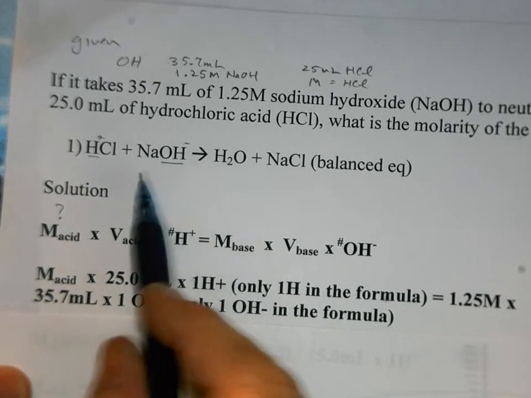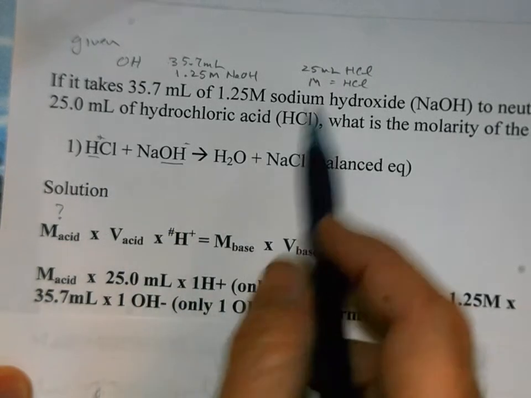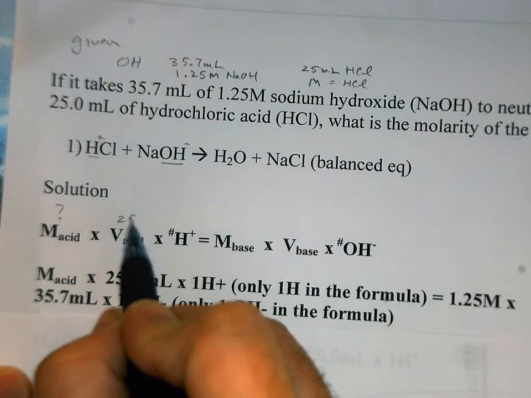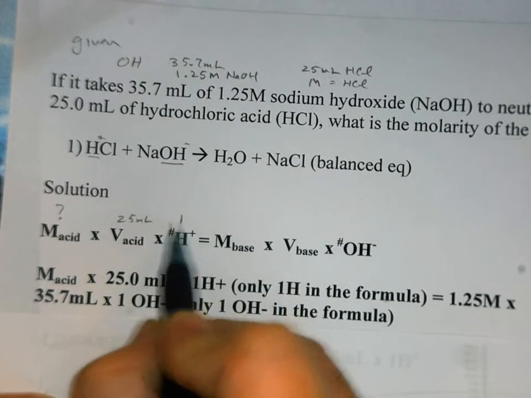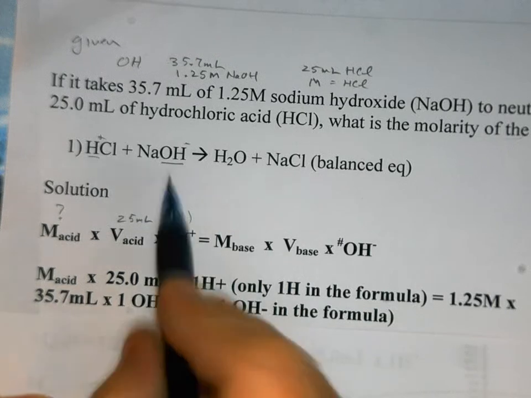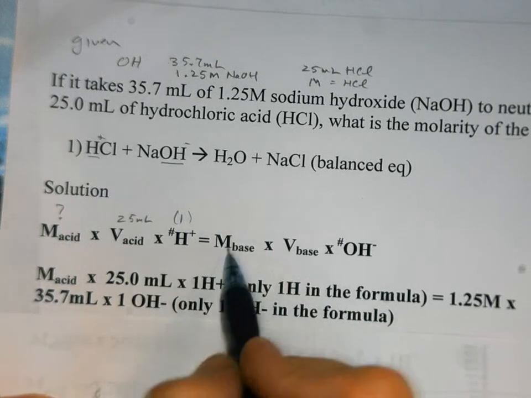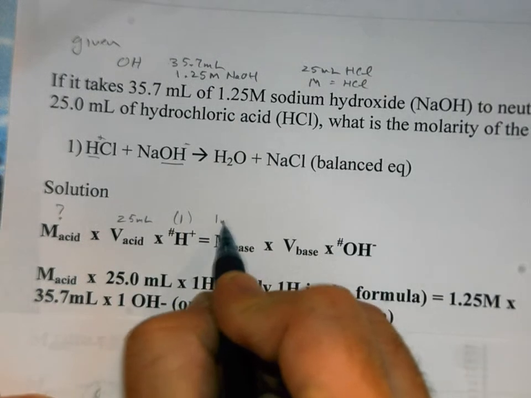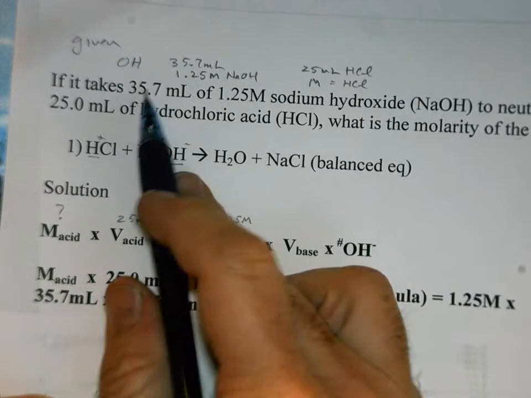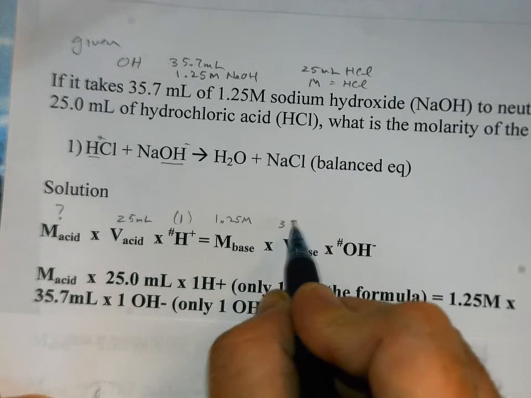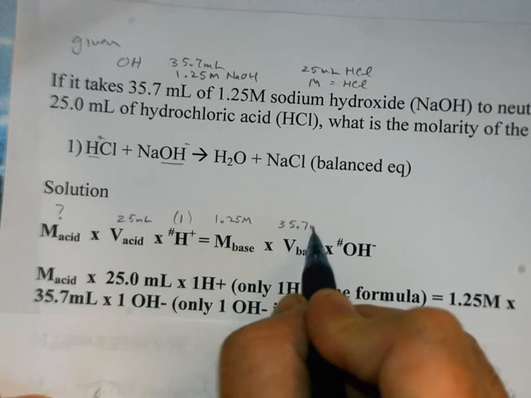We know that we used 25 milliliters of the acid. We know that there's 1 hydrogen ion in hydrochloric acid. The molarity of the base we know is 1.25 molar. We know from here that we used 35.7 milliliters of that.